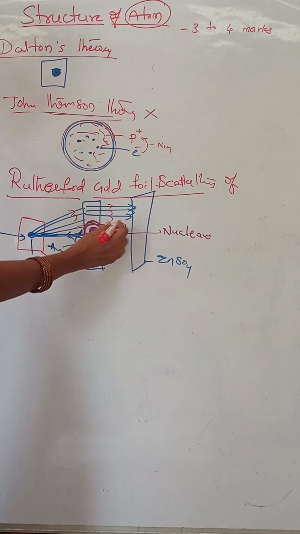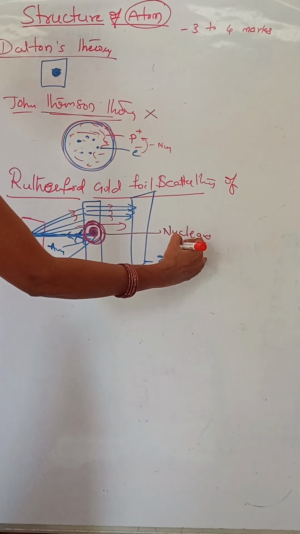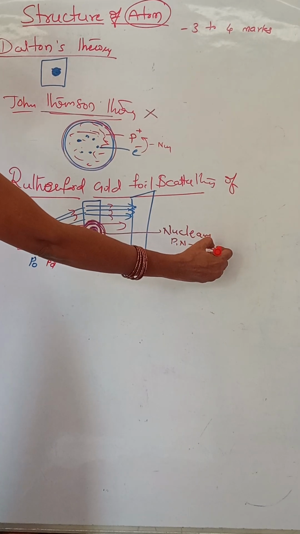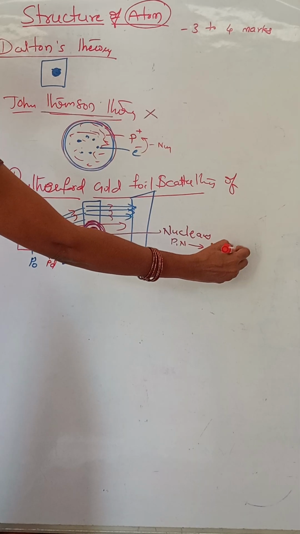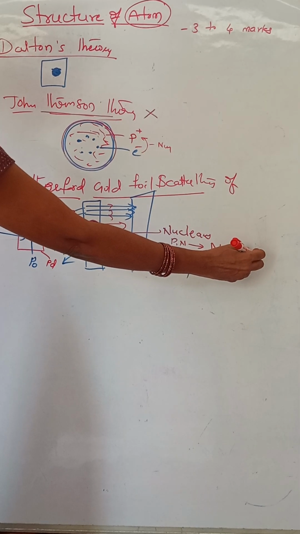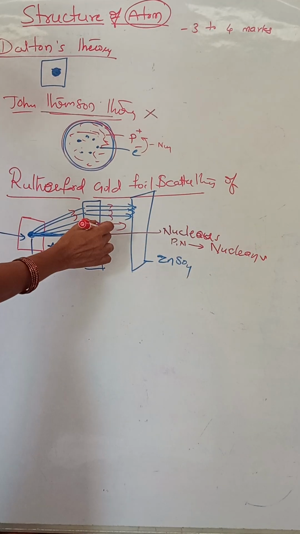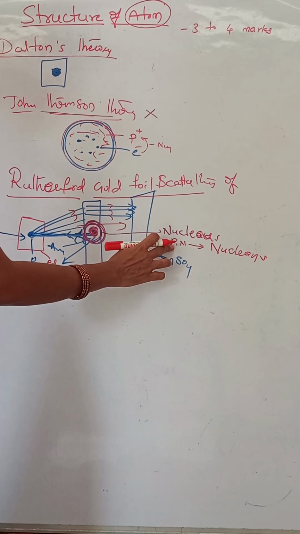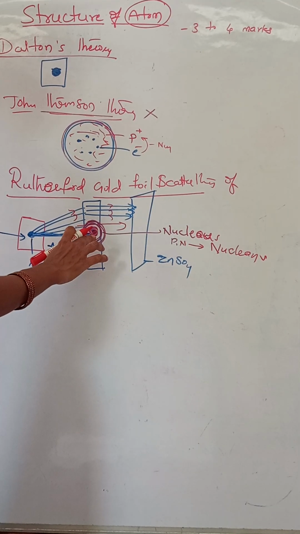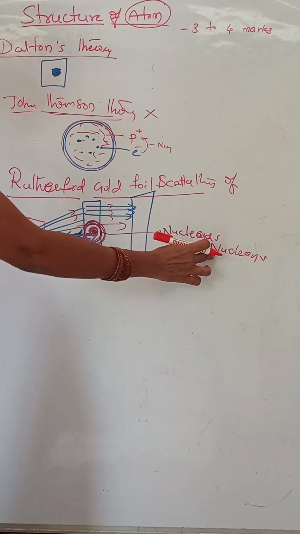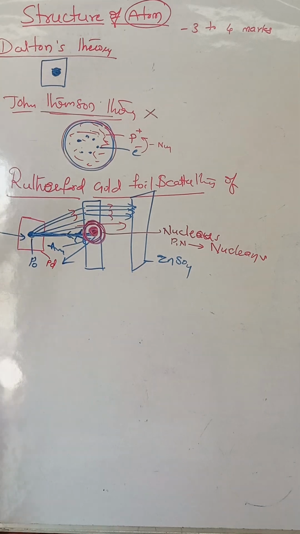In this part, protons and neutrons are there. That means these two are called nucleons.